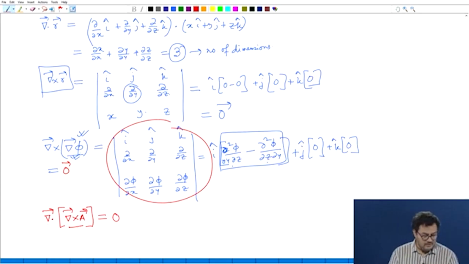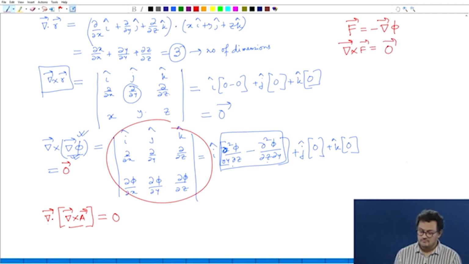So if you do all these things, then you can think that if I have a force field or a vector field which is in this form, then the curl of this will be 0 because of this identity.